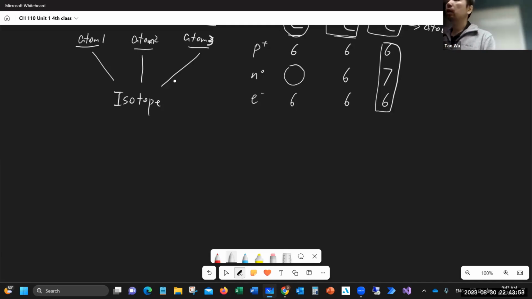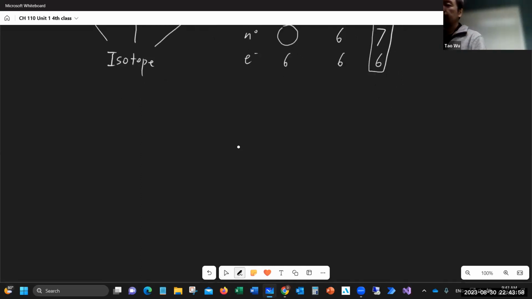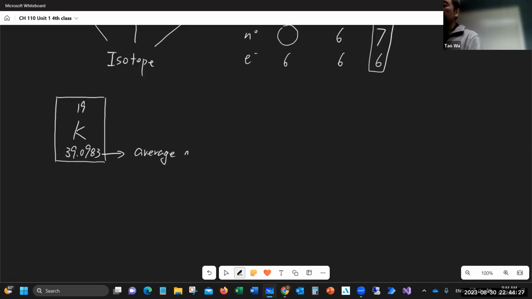Then the next part, we're going to talk about another concept called the average atomic mass. Okay, so remember when we talk about this, 39.0983. So this is what we call the average atomic mass.